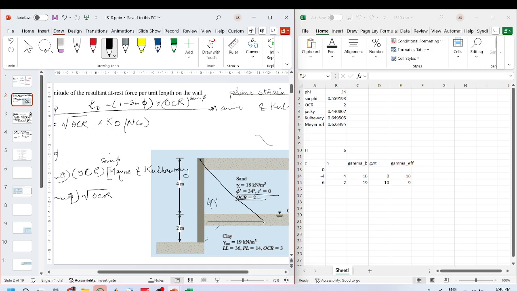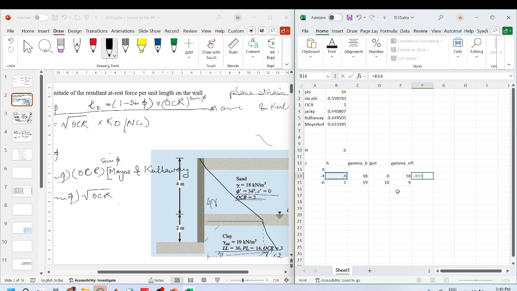And then we have a distribution like this, because we have to take the effective stress, which will be gamma submerged times 2. And the total here will be 2 times gamma plus gamma submerged into 2. So this dimension will be thickness of layer multiplied by its effective weight.